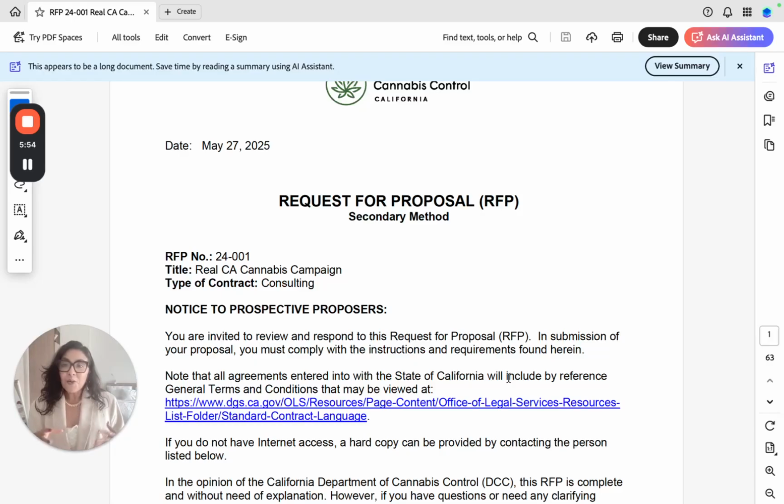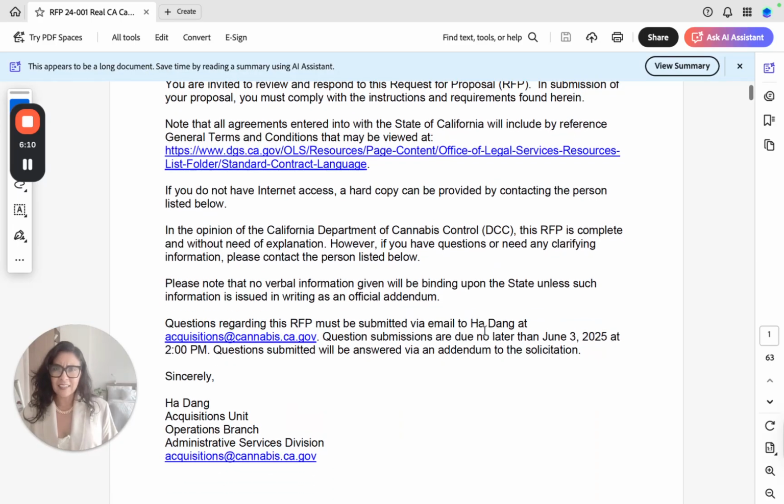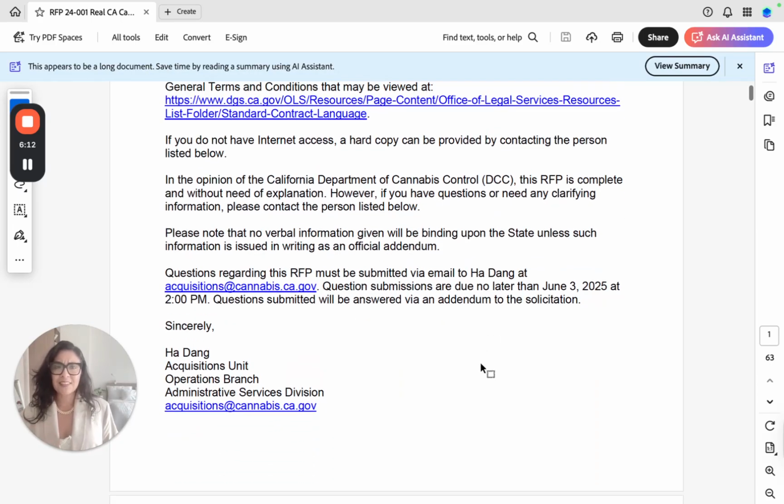Okay, so now we're getting into the 4 parts that you'll need for your technical proposal. That's the statement of work. This is a 63-page RFP, and they're similar in most.